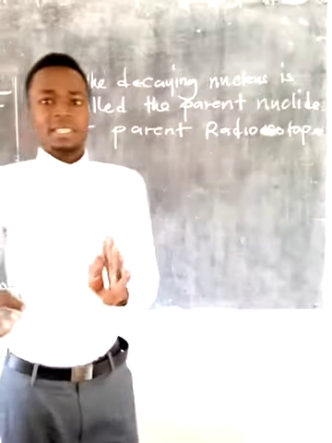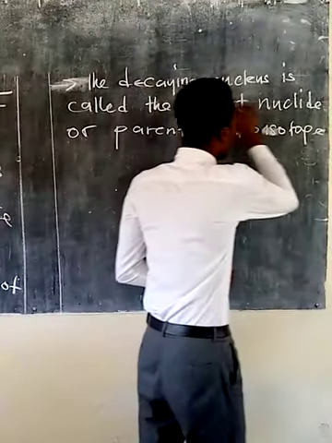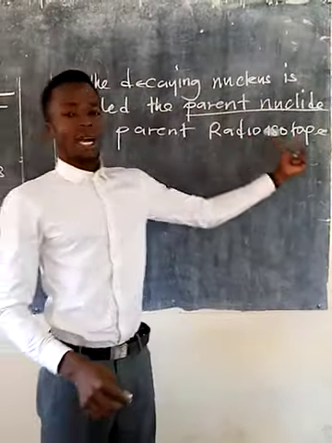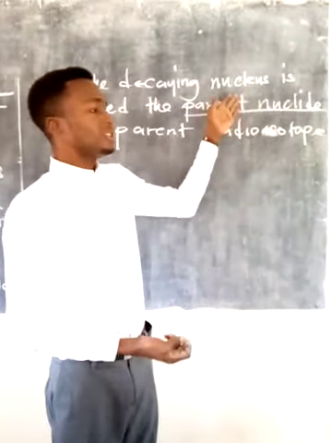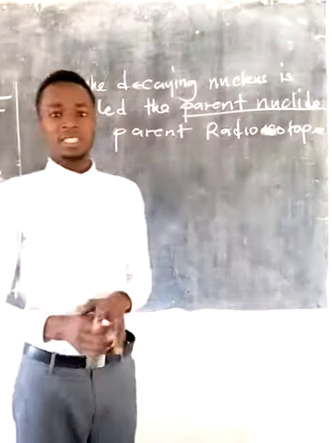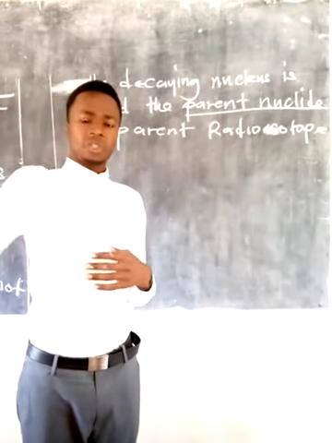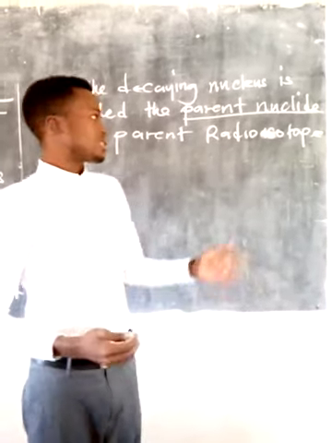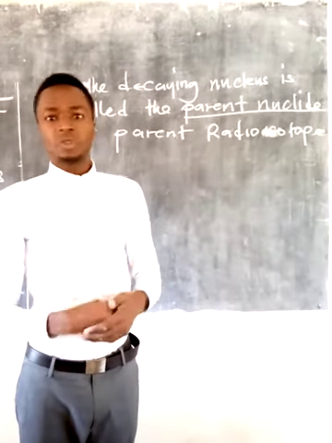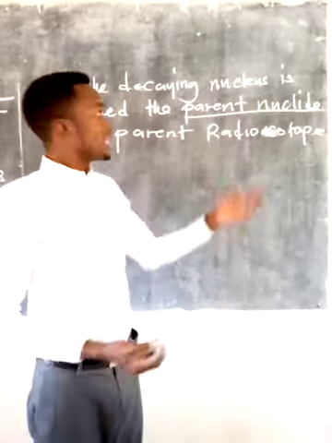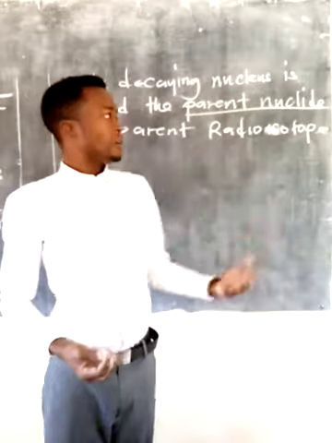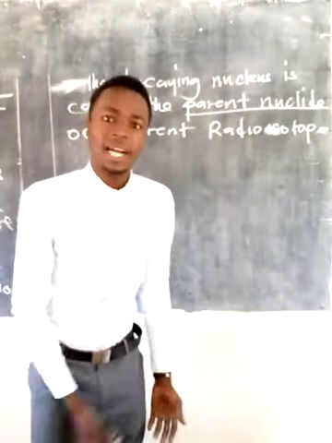So the element that is decaying is the one referred to as the parent nuclide, or the parent radioisotope. Then if this process is taking place, it is going to produce another element which is going to be different from the original element. The one that is produced is the one that we call the daughter nuclide, since the parent is the one that is decaying.